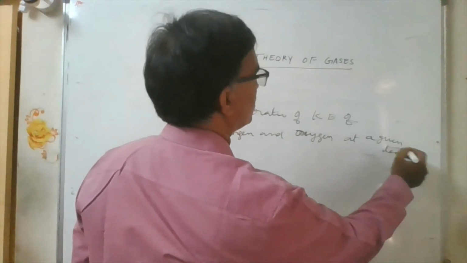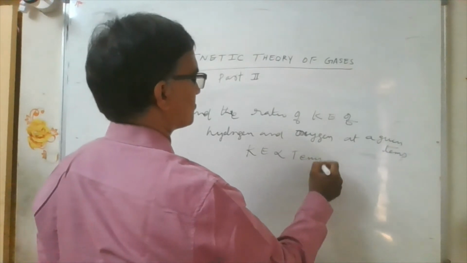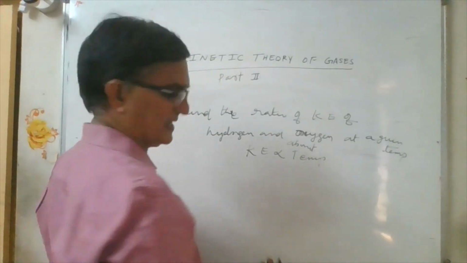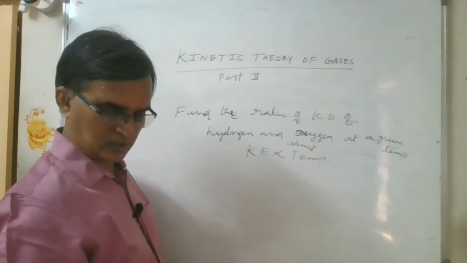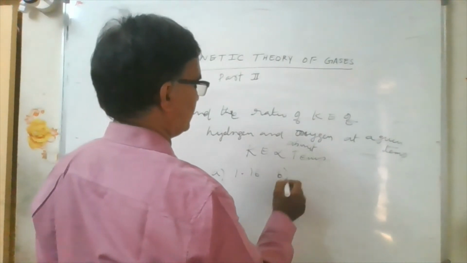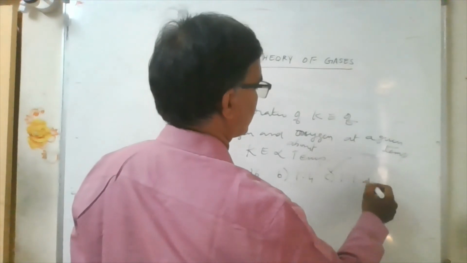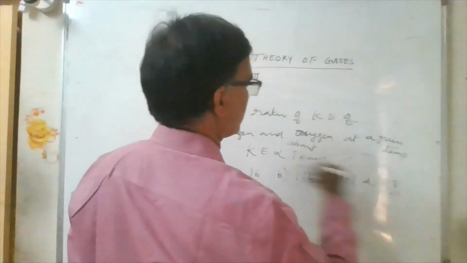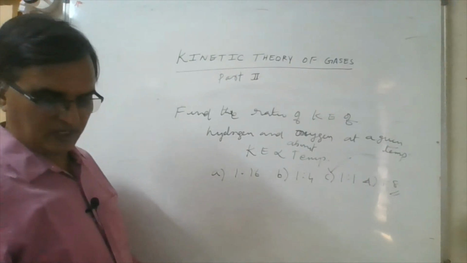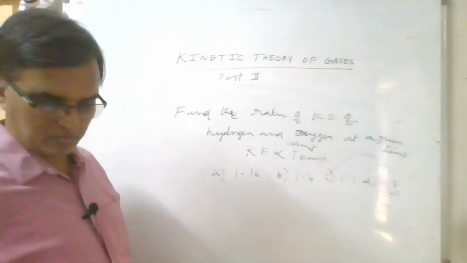You know, kinetic energy is directly proportional to absolute temperature. So irrespective of the gas, what is the ratio? The given answers are different, but you should take 1:1. 1:1 is the correct answer, since kinetic energy is directly proportional to absolute temperature. Okay. Next.